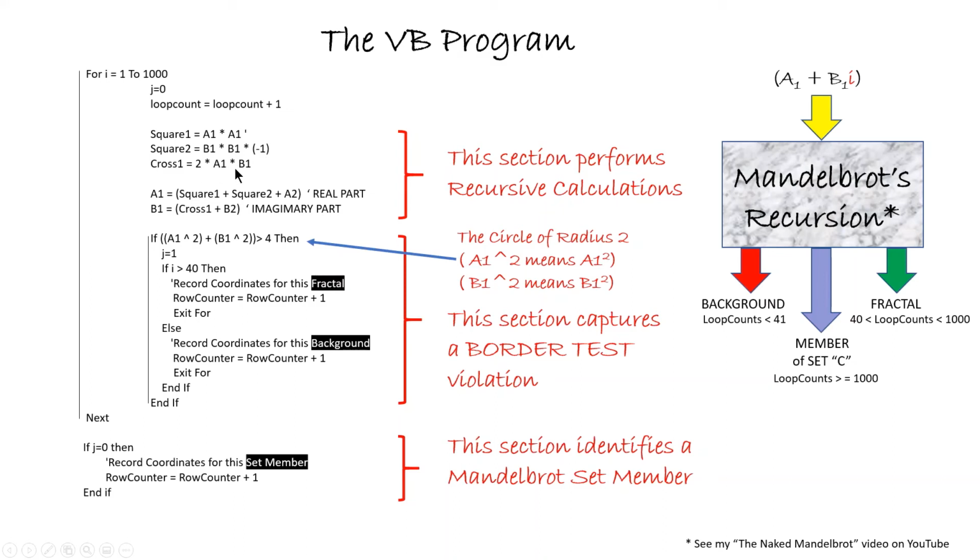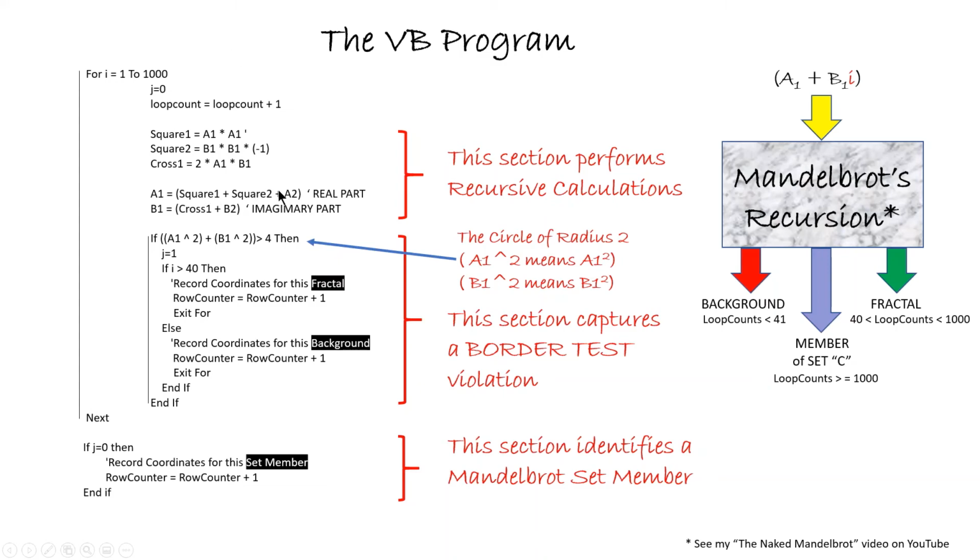It takes A1 and B1 times 2 to account for the other multiplications. So now square 1, square 2, and cross 1 are the results of all the mathematics that we did here. So now we need to make the new point. The new point is square 1 plus square 2 plus A2, and A2 is the other point, the C that was defined going into this equation.